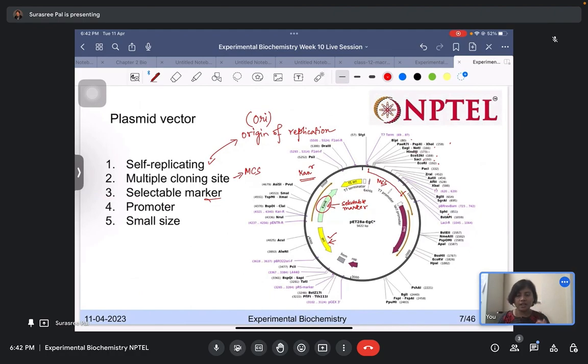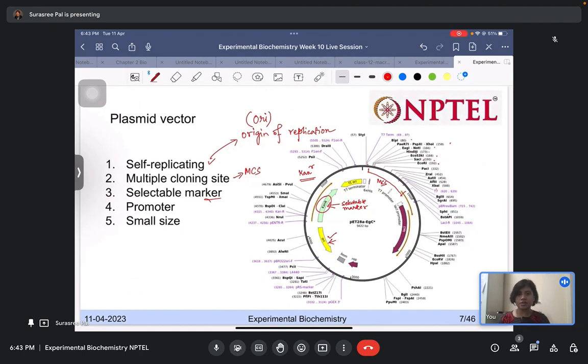So we need to select between the cells which bear the plasmid and the cells which do not bear the plasmid. To select the cells which bear the plasmid, we put this antibiotic pressure so that the cells which do not have the plasmid cannot produce any resistance against the antibiotic kanamycin. Of course they will die in the presence of this antibiotic. The antibiotic will kill those cells, but the cells which have the plasmid will always survive in this antibiotic, right?